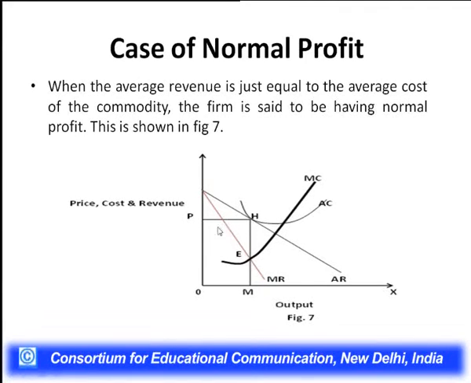So here OP is the price and the AR is equal to AC, so therefore the firm is getting normal profits.